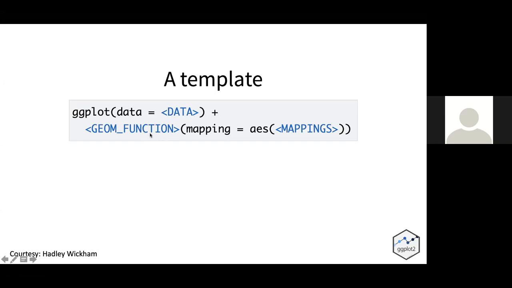Geo functions could be, if you need a bar graph, you can say bar graph, or if you need a box plot, you can say box plot. If you need a line plot, you can call a line plot. That depends on the nature of your data. So you can even map it. When you are mapping the data, you can call the X and Y axis. That is where you want the X axis to be placed and where you want the Y axis to be placed. But this is basically the general template used in ggplot2 functions.